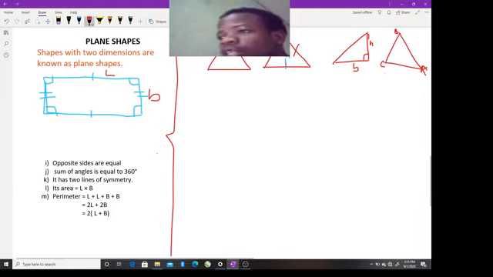Now quickly know this, for the isosceles triangle, if these two sides are equal, automatically their base angles will be equal. So you have A here, you have B here.